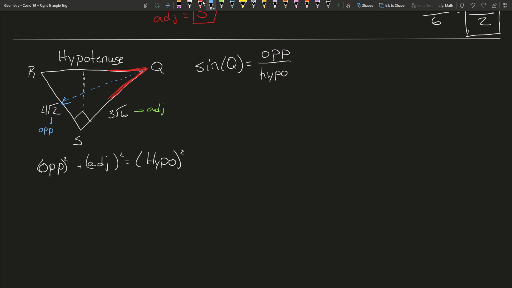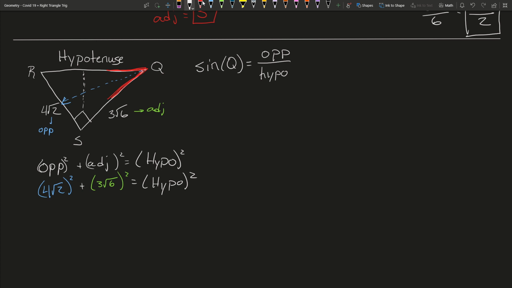Okay, so then when we plug all those numbers in, we have 4 rad 2 squared plus 3 rad 6 squared is equal to the hypotenuse squared. Okay, and then we just solve for the hypotenuse.